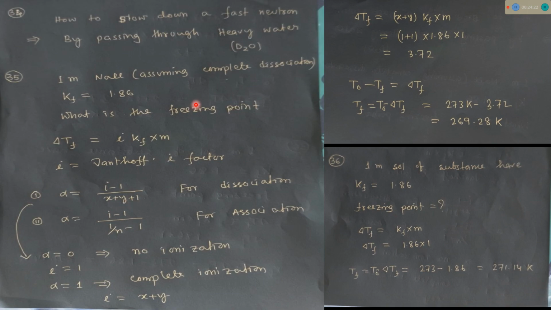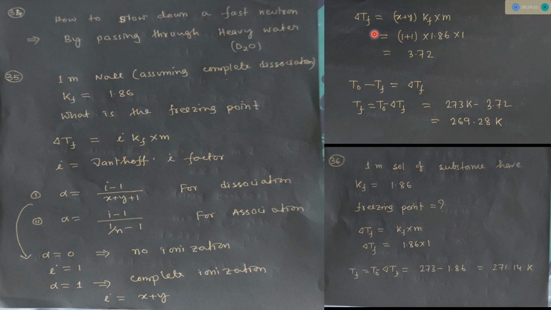In the given question, 1 molar NaCl assuming complete ionization, so i is equal to x plus y, the number of ionic species after dissociation. NaCl forms Na plus and Cl minus, so 2. Now consider del Tf equals i into Kf into m.